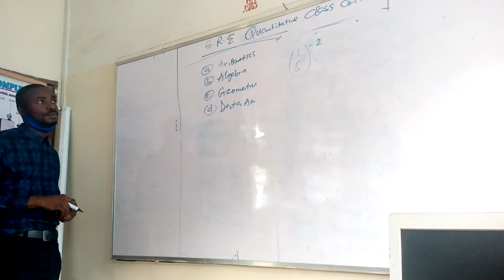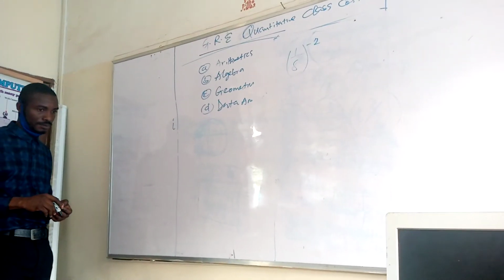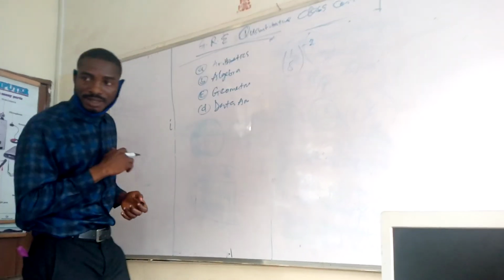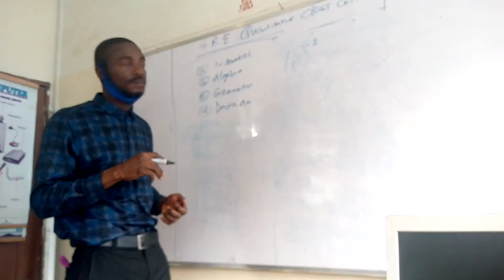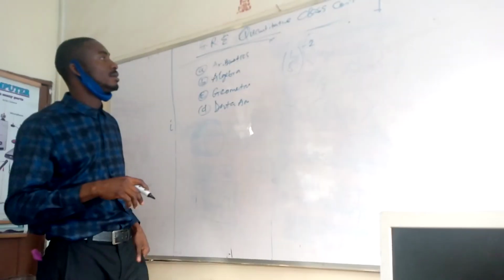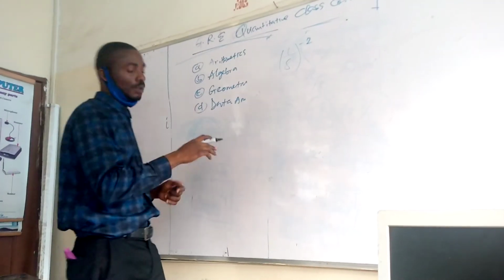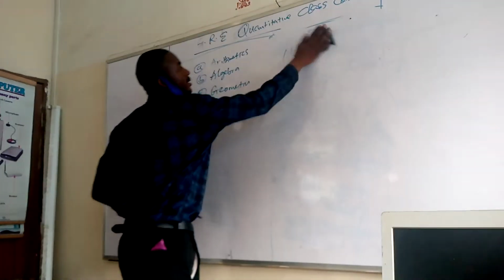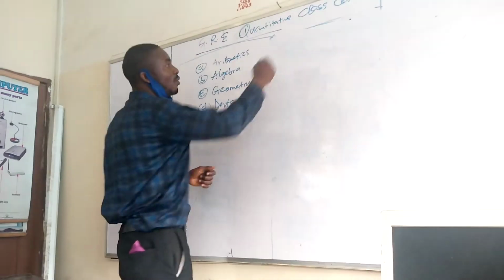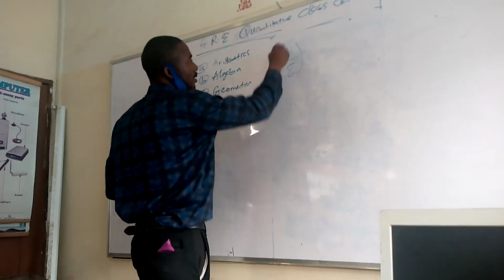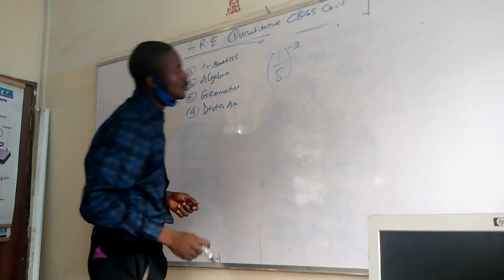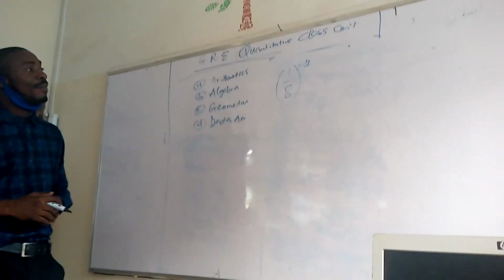Can you see it? Yes. Alright. We have 1 over 8 raised to the power minus 2.